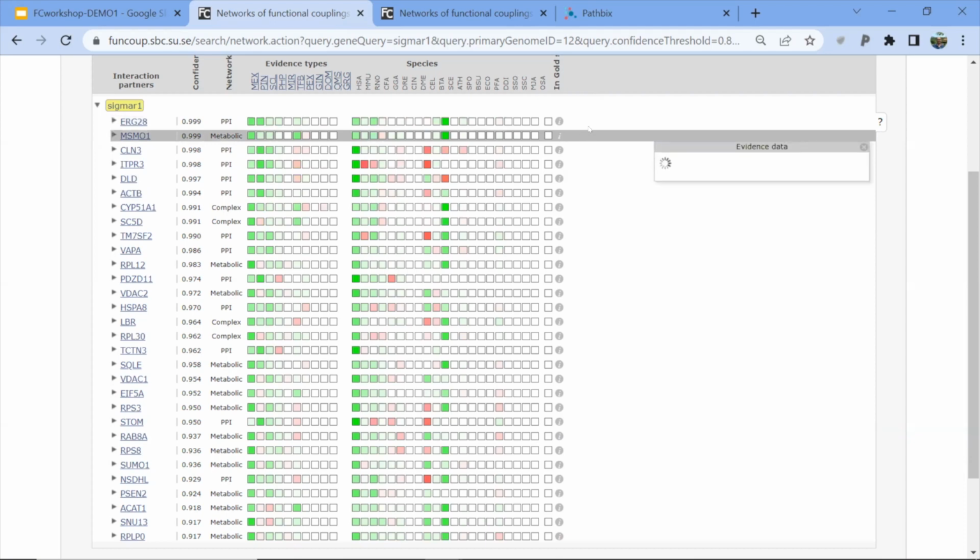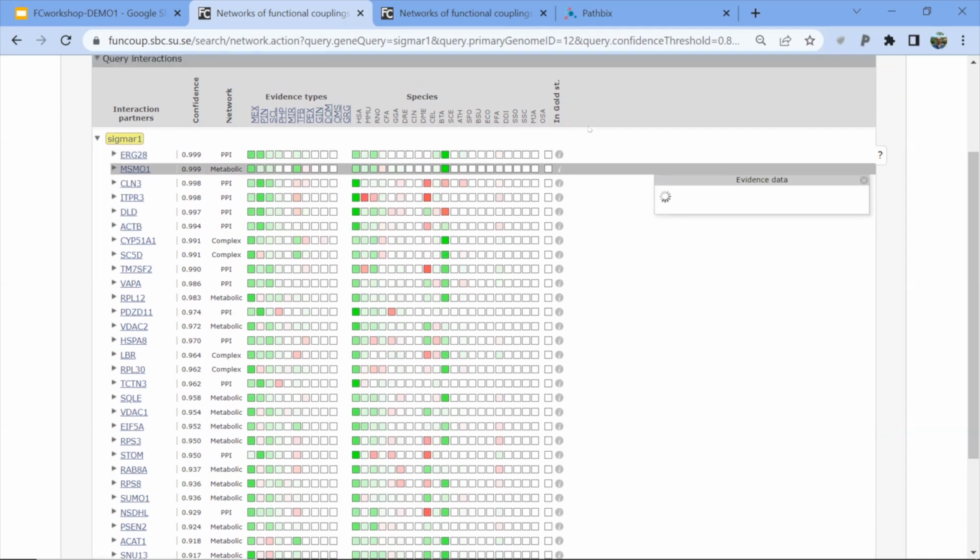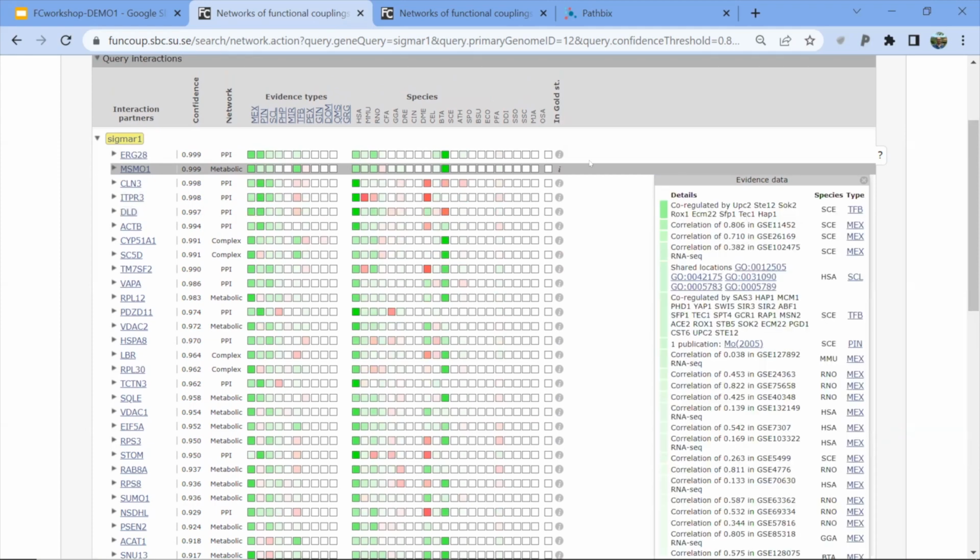Then we can also dig deeper into the evidence actually supporting a given link. So if we take a look at this MSM01 gene, that was not expected by the Su et al. study to be an interaction partner to sigma-1, you just expand this by clicking this little eye symbol here. This gives us a list of all of the evidence supporting the link.